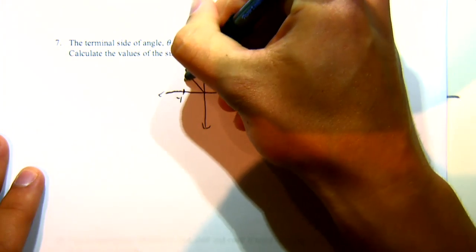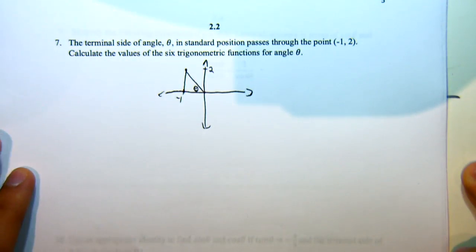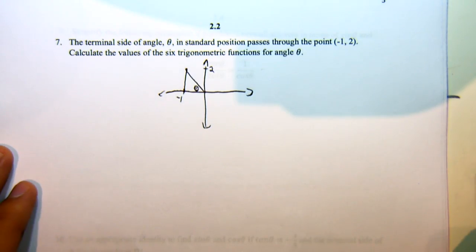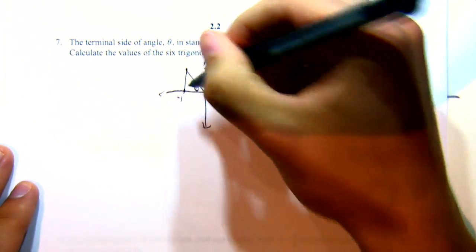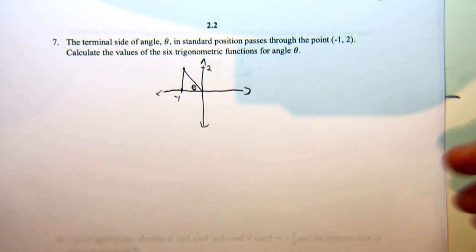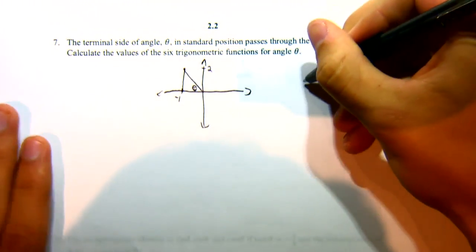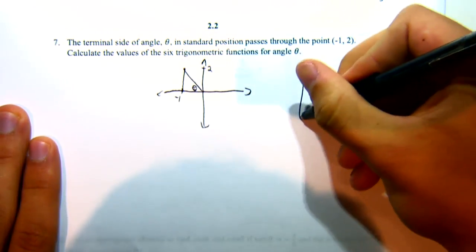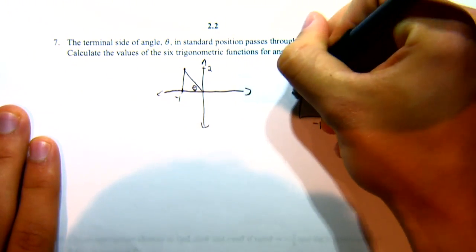We can just draw it like that. Alright. So we know that this is negative 1, and that's going to be 2 in there. So first I'll just put the triangle here. This is negative 1, this is 2.